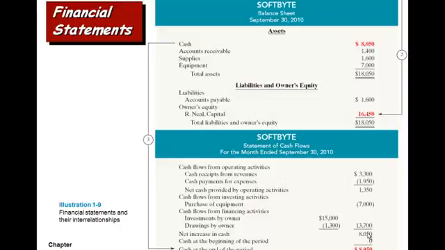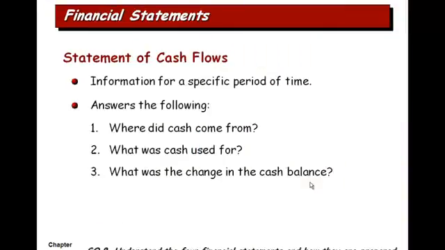But for the statement of cash flows, use the cash balance for cash at the end of the period. The statement of cash flows just shows the inflows and outflows of cash for a period of time. So basically, the only financial statement that's a point in time is the balance sheet. Everything else is for a period of time. Make sure you know that for the quiz.